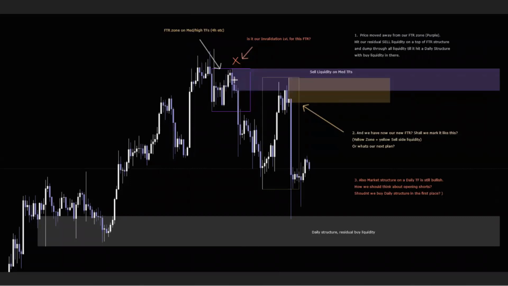For me, given that this pocket of liquidity was fresh, I don't expect price to be breaking this high. But of course, it all depends on what you're comfortable with. For some people, keeping a stop that tight isn't conducive to their personal psychology. For some people, keeping above the high might be preferable.